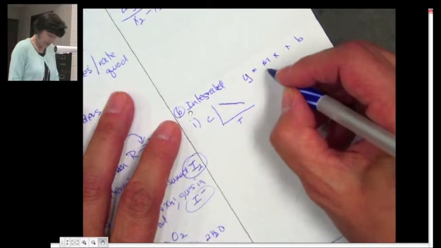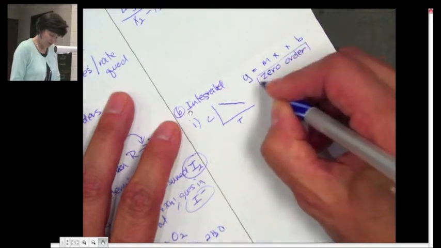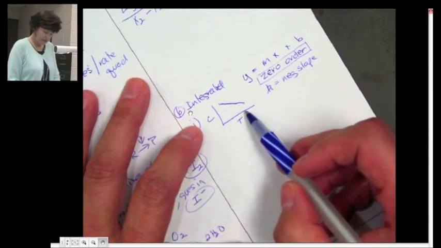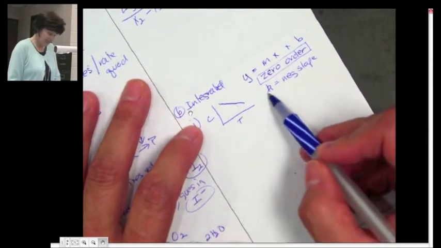And this tells us that this is a zero order rate, that the rate constant is equal to the negative slope. All right, so we needed to know the rate constant. If we can find the slope of this line, that'll give us the rate constant.